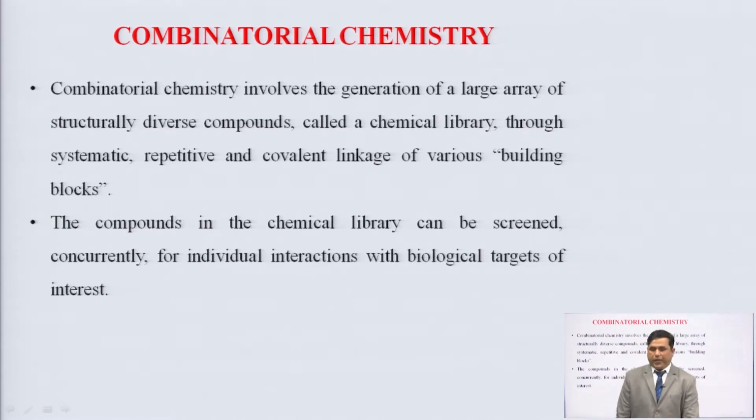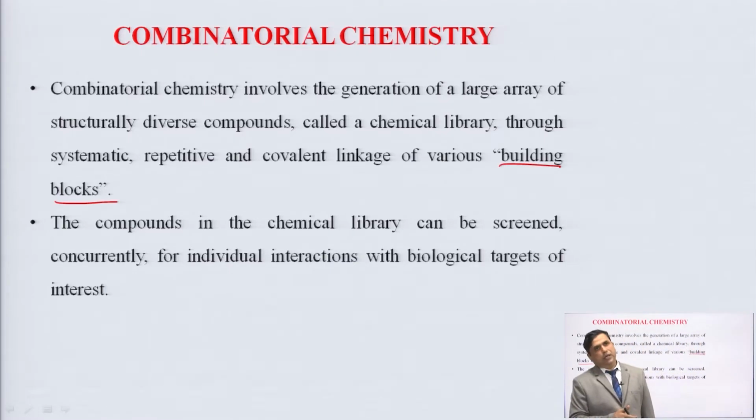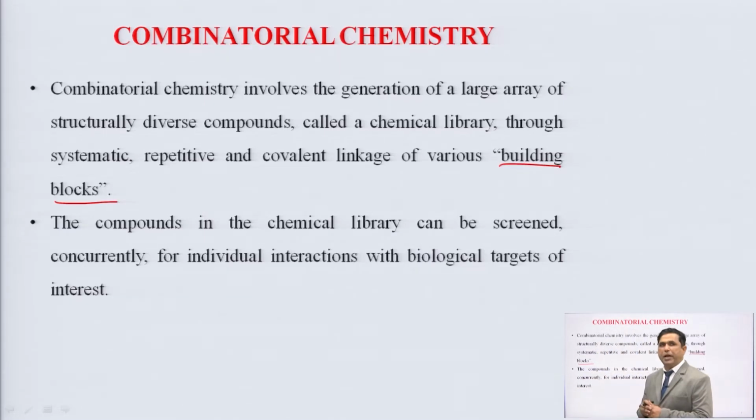This is very important: we can use various building blocks, and with the help of these building blocks we can prepare a number of compounds, generating a large structurally diverse set of compounds by using these simple building blocks. The compounds in the chemical library can then be screened.